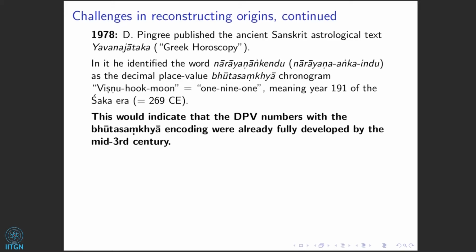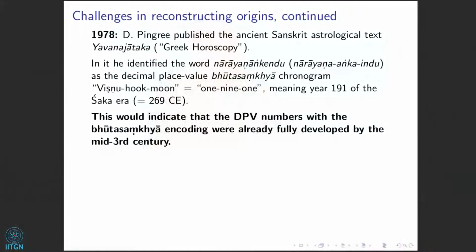That is the compound of Narayana, Anka, and Indu, and took that as the very familiar seeming bhütasamkhya number, a chronogram or a date encoding, which consists of words for Vishnu, for hook, and for moon, which are in the later text very recognized bhütasamkhya synonyms for the digits 1 Vishnu, hook, and Anka refers to 9 because of its shape, and moon, of course, for 1.